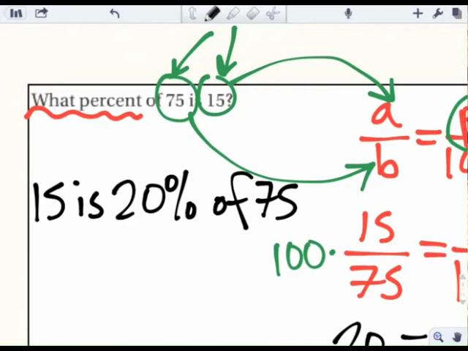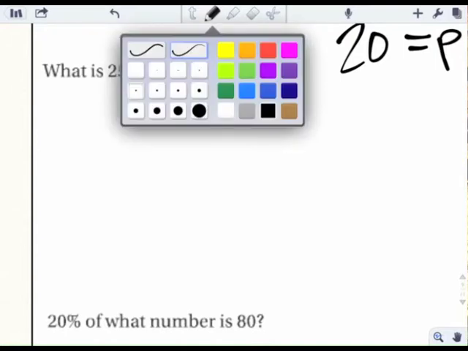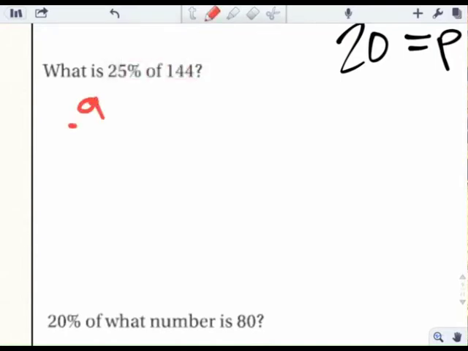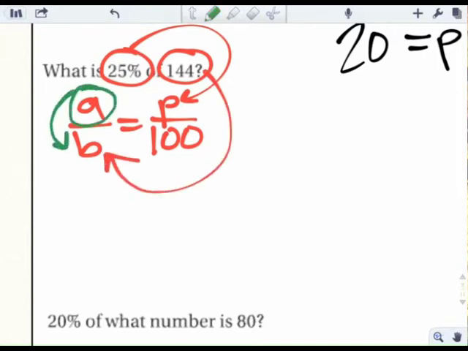Alright, let's look at the next one. What is 25% of 144? Let's see, we have A over B equals P over 100. What is 25% of 144? Well, let's see. 25% obviously is the P, it's the percent. 144 is the total, because we're asking what part of 144 will give us 25%.